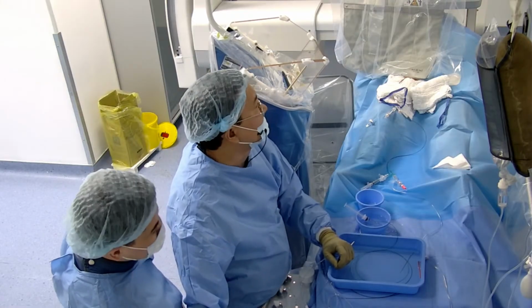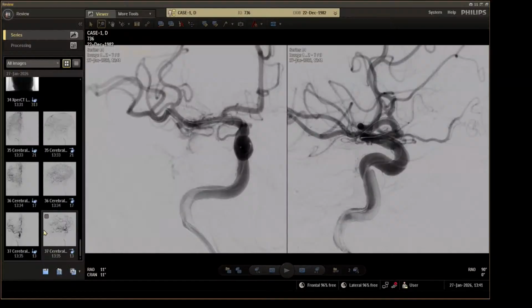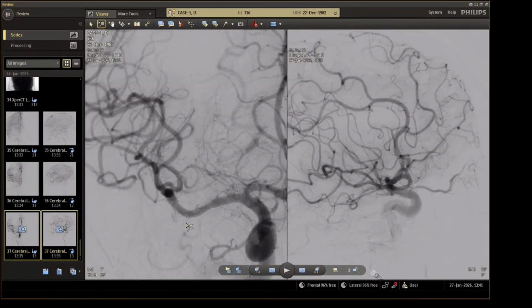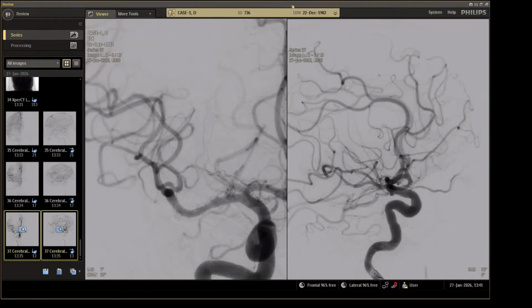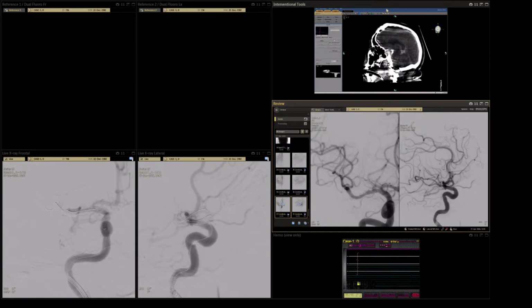Okay, just let's check the. Yes, now it's 16 minutes. Yes. I hope the choroidal is coming from here. Yes, in any other place maybe it could end with the M1 segment occlusion.